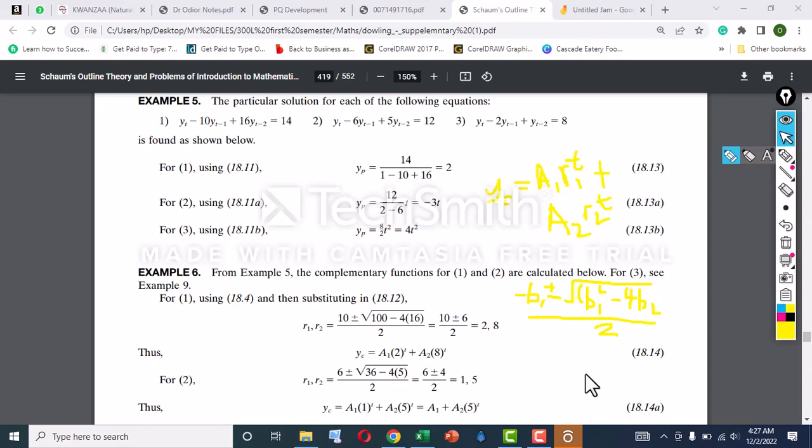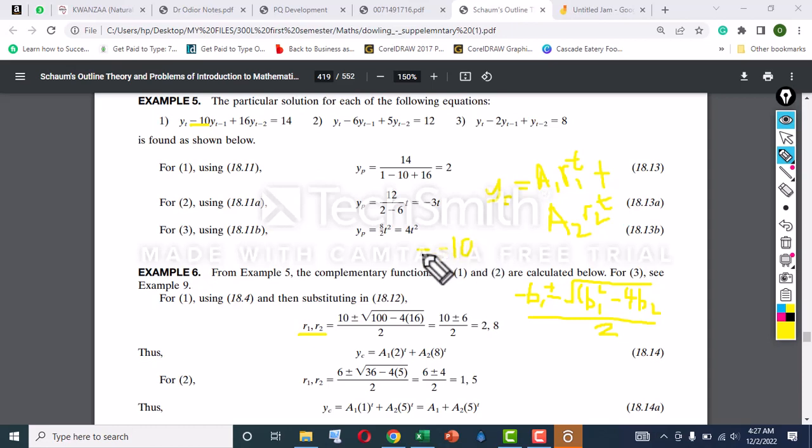So now let's go back to our R1 and R2. R1 and R2, that's what we are looking for here. So minus B1, what's our B1? In this first question, that's minus 10. So by the time you do minus 10, don't be tired of writing minus twice.